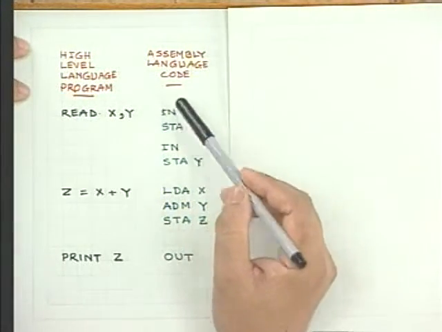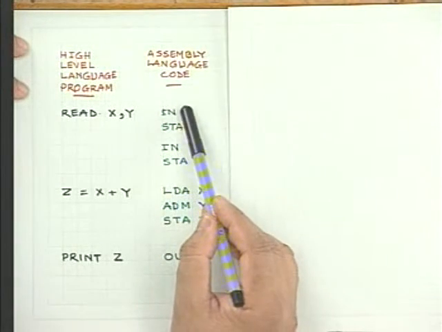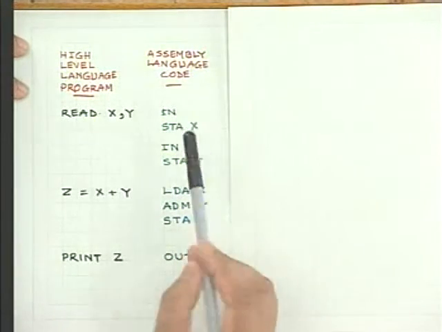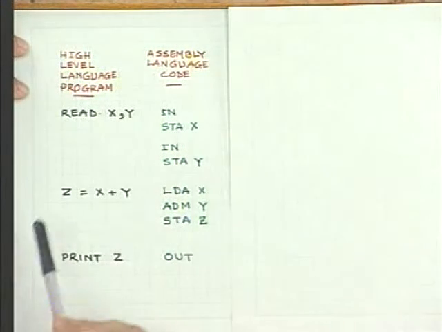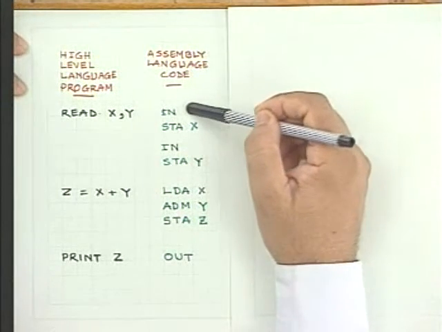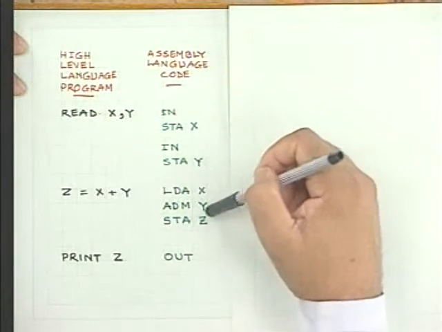That means it has an accumulator where if I input something, it comes directly into that accumulator. And if I want to store something from the accumulator, I can use an instruction like store accumulator x. I have also assumed that whenever I'm inputting, a word consisting of 2 bytes is inputted. That means the variable x consists of 2 bytes.